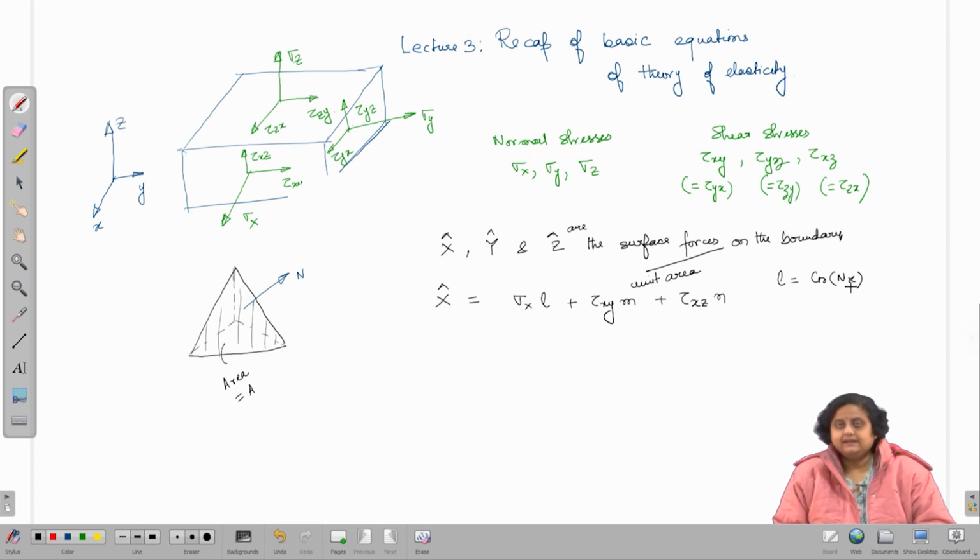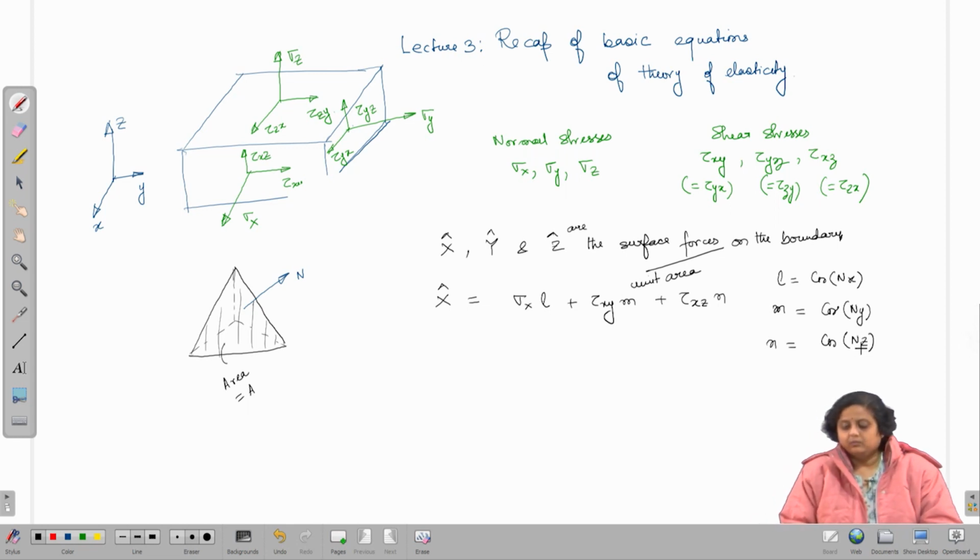So, L is the cosine of the angle between the normal n to the surface and the x axis. Similarly, m is the cosine of the angle between the normal to the surface and the y axis, and so is n, cos(n, z).